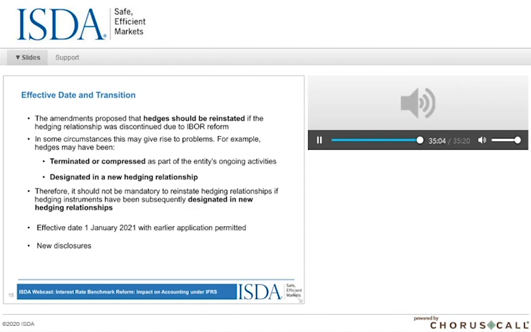So this substantially addresses the concerns raised with respect to the requirement to retrospectively reinstate the requirements.